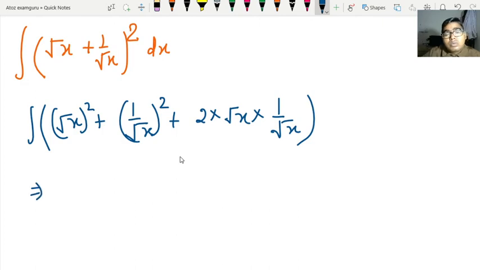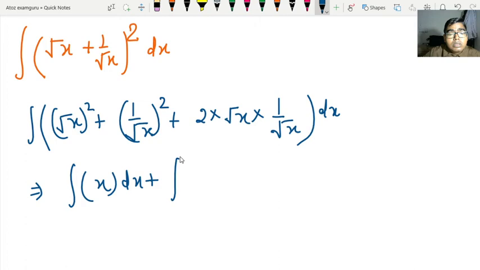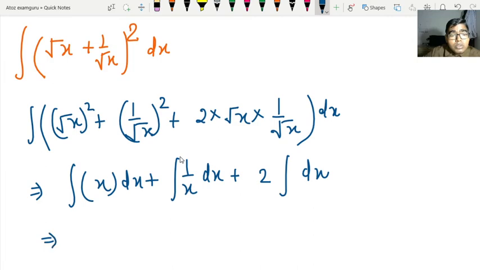So x dx, right friends. So this we will do, because it is 1 by x dx, so it is log x, right friends?